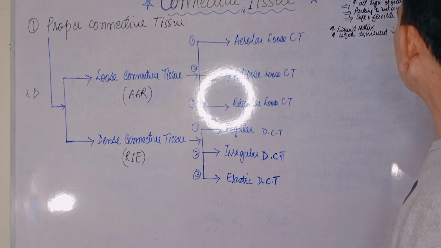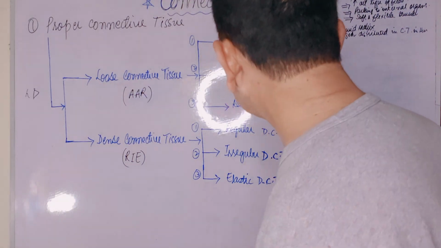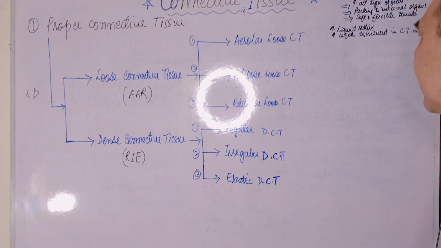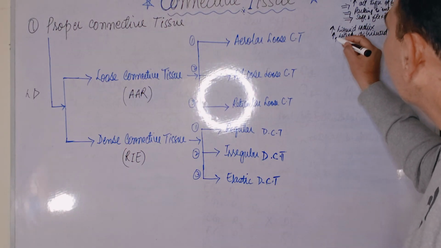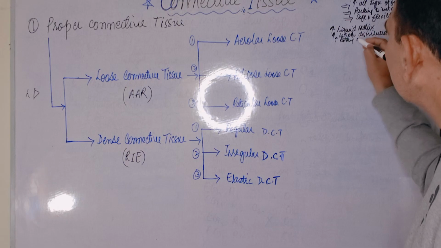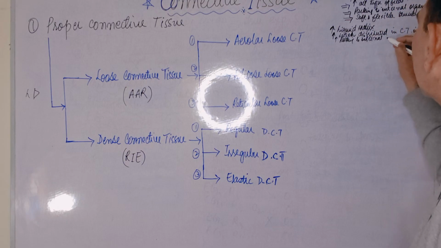In the human body, the most widely distributed connective tissue is part of the alveolar loose connective tissues. So the alveolar connective tissues again provide packing to the internal organs or materials.